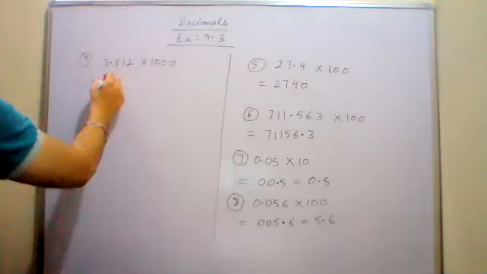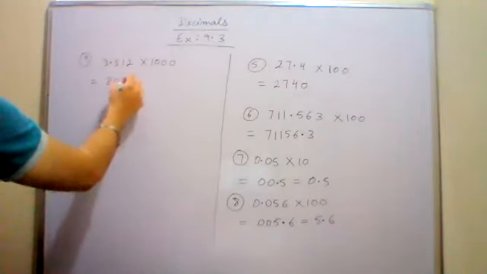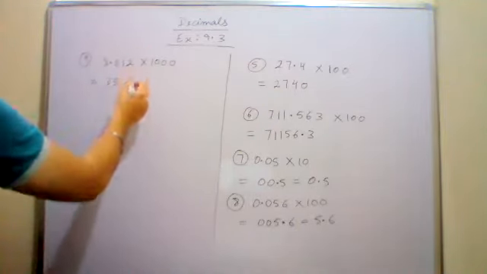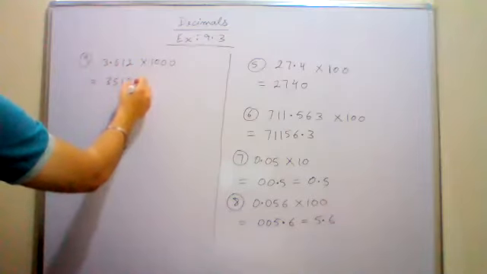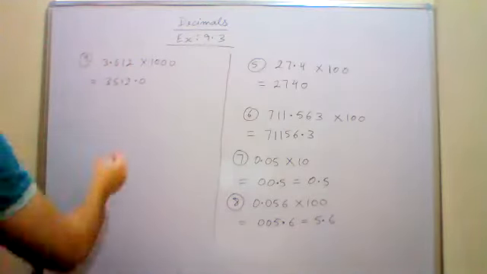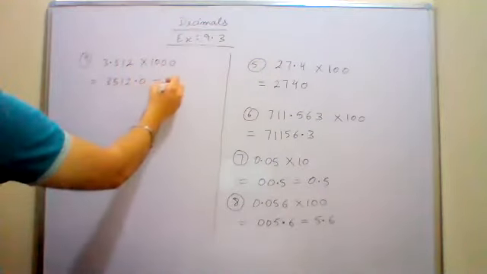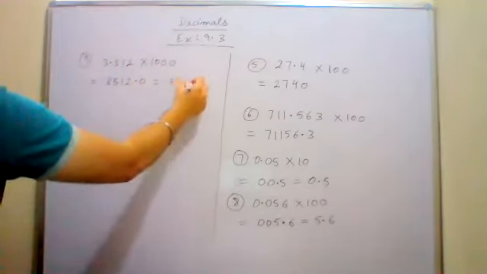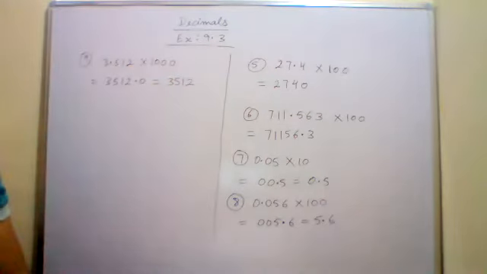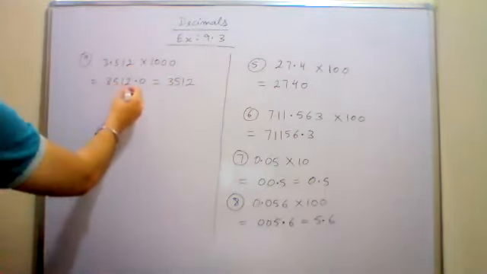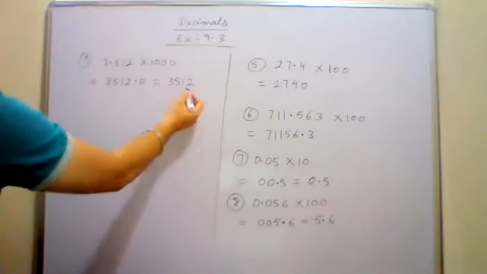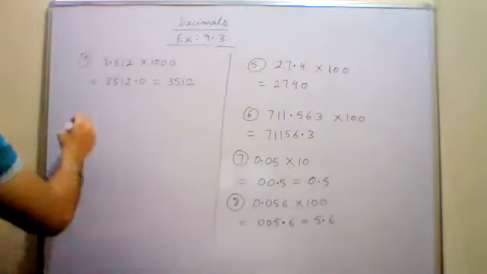So three places I will move. 3, 5, 1, 2. 1, 2, 3. Three places. Then 0.0, because after 2 nothing is left. So 3512.0, or you can simply write 3512. This is your answer. 3512.0 is also equal to 3512.